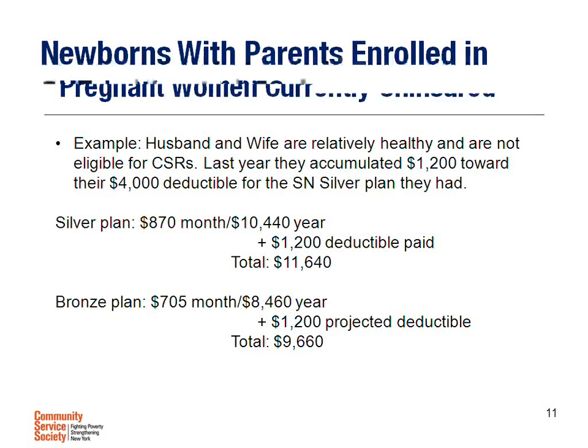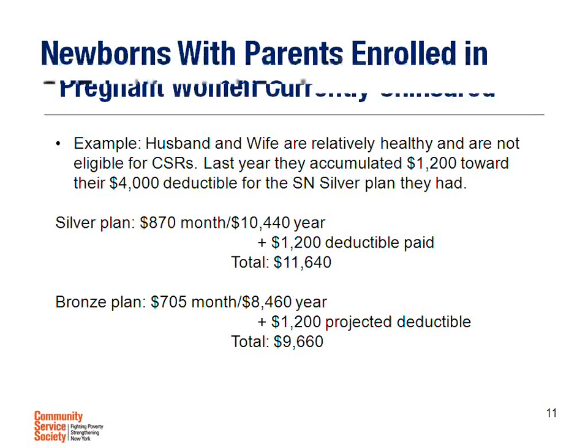So moving on to think about it from the perspective of the newborn. Basically, we're talking here about newborns whose parents are enrolled in the QHP, but they don't have APTCs, so their income is above 400%.